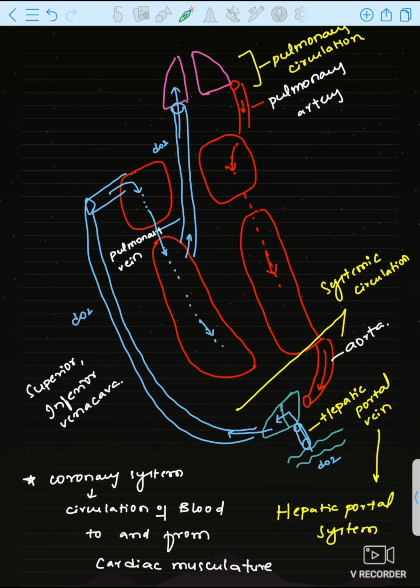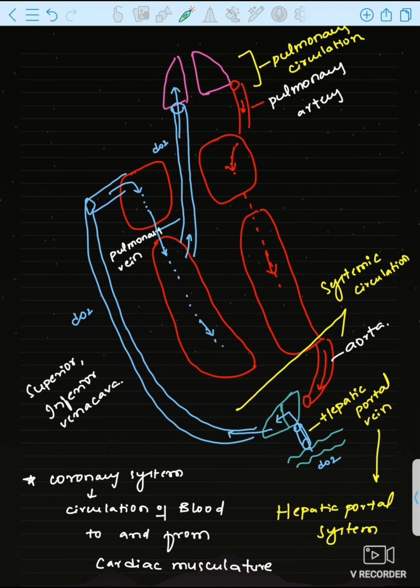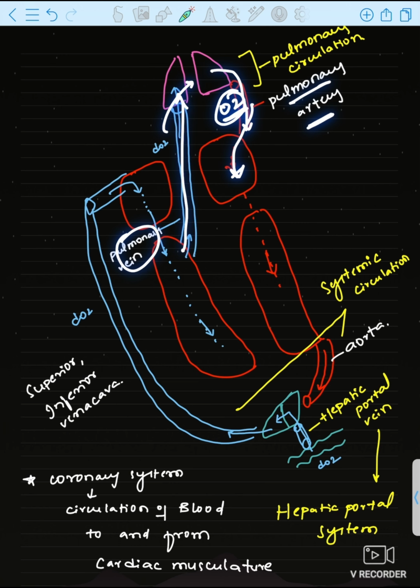We discussed there, from the organs, deoxygenated blood through superior and inferior vena cava will go into the atrium and then into the ventricle, and through the pulmonary artery it will take the deoxygenated blood to lungs. From lungs, it will get purified. Oxygenated blood through the pulmonary vein comes back into the atrium.